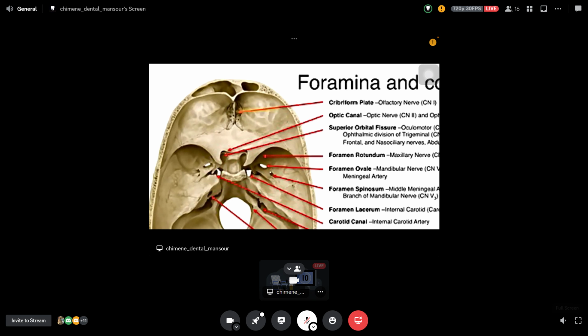Those small spaces here belong to the ethmoidal labyrinth. Here you have part of the famous crista galli that you can mostly find in the anterior cranial fossa. And in the previous slide that I showed you, you have a great picture of the middle nasal concha.